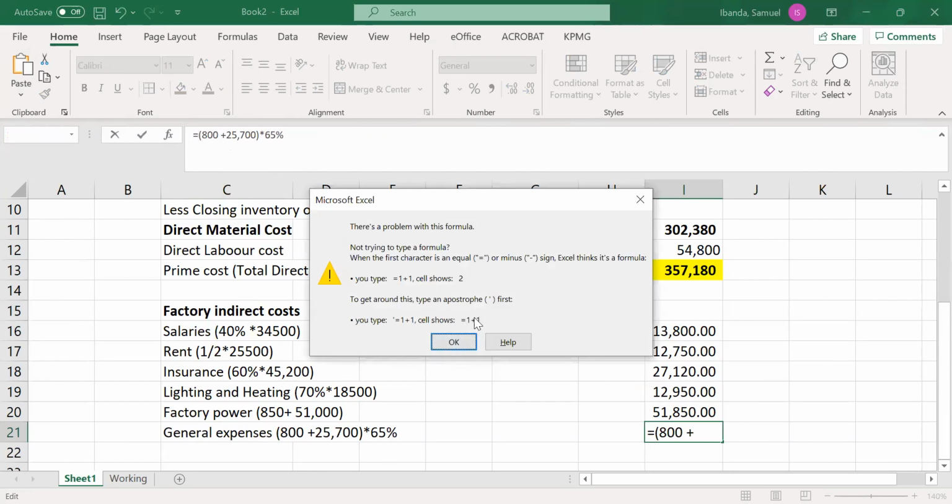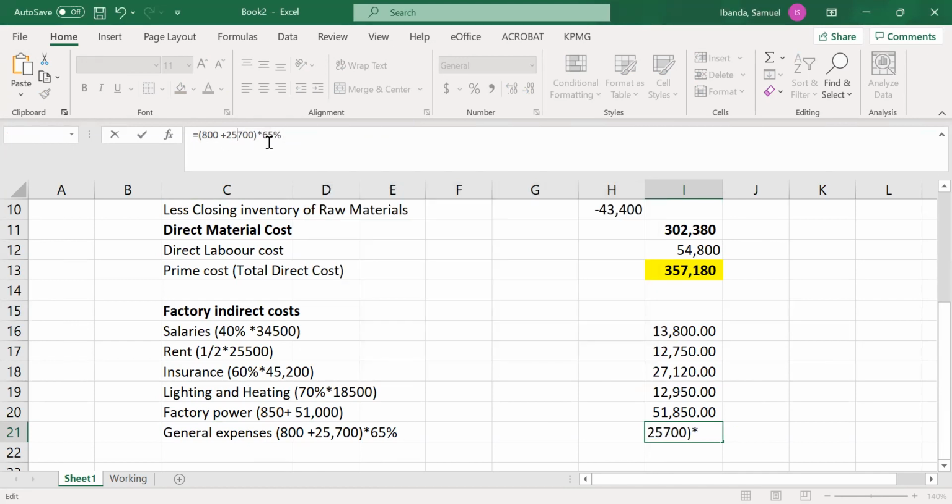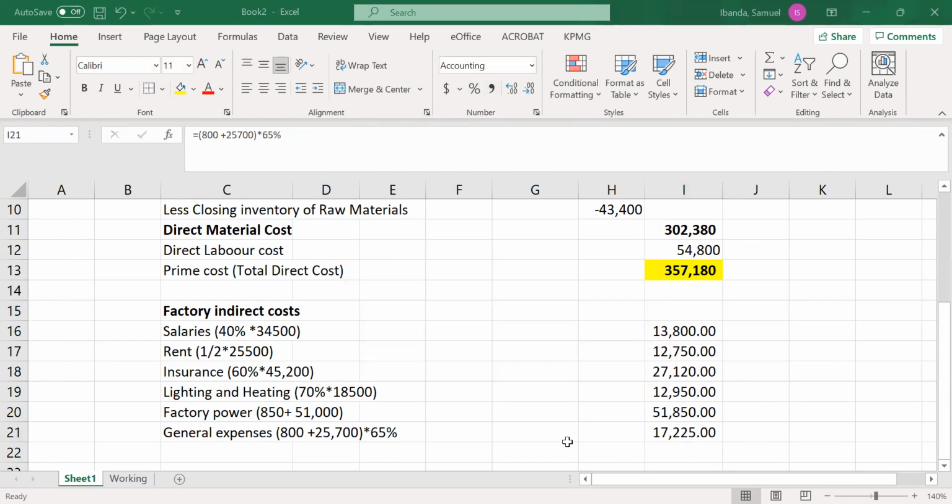Excel here is trying to refuse. See, remove this. So it gives me 17225. So 17225 is my so-called component of other general expenses that relate to the factory.